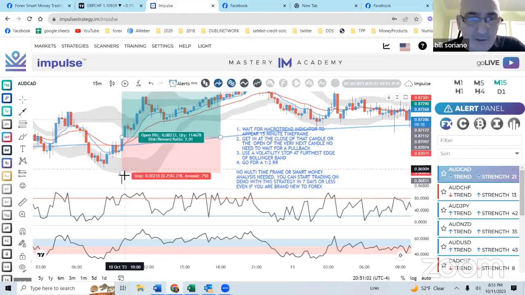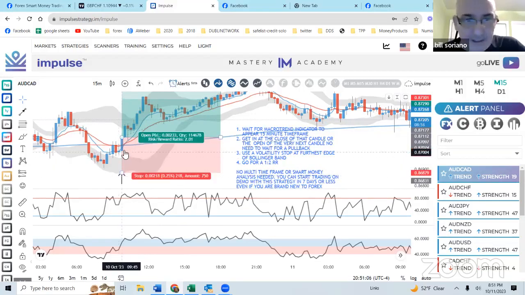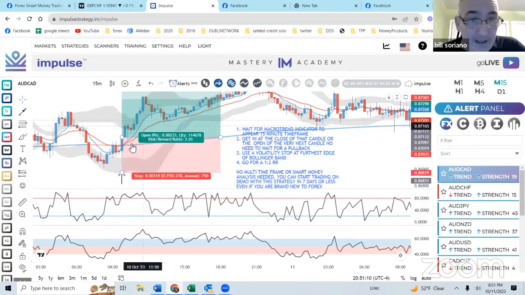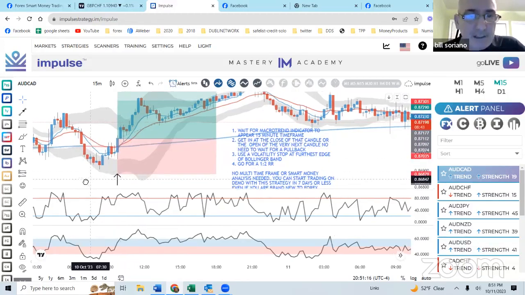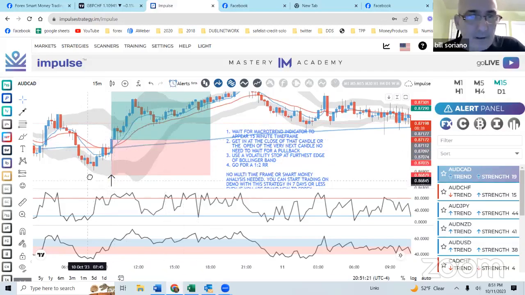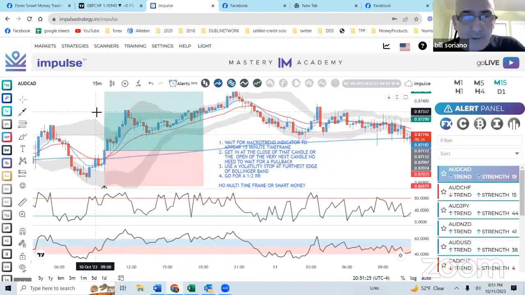What we're doing is just putting our stop loss at the opposite edge of that Bollinger Band, the furthest away point, which is this area right here for the buy. This is our candle, so we're basing it on the candle where we get the indicator. We're getting in at the close of that candle or the open of the next candle. And you can see we don't quite get to our take profit.